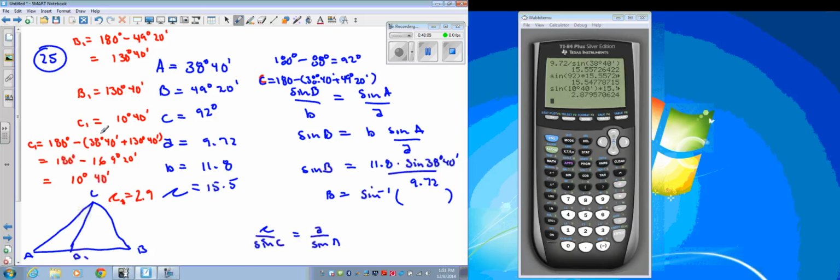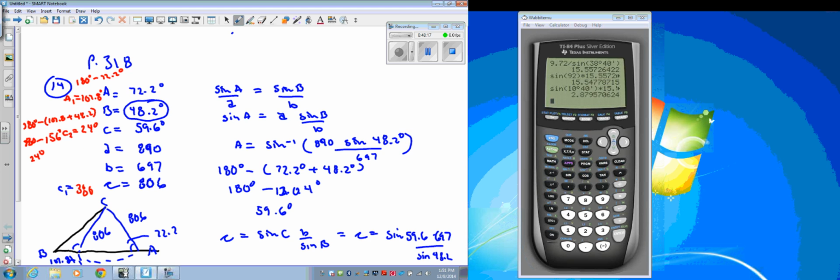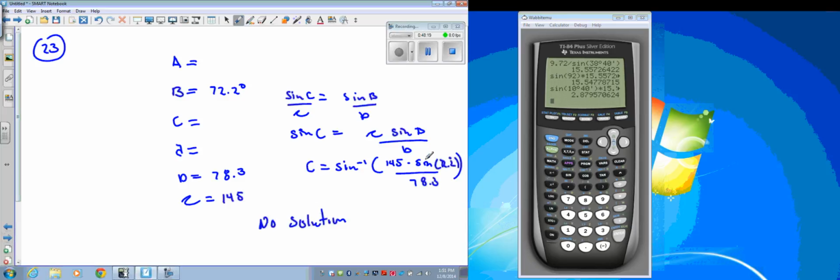The one before was because it was more than 1, like this one. This value right here was more than 1, and so you can't have it, as in the example written out on page 313.